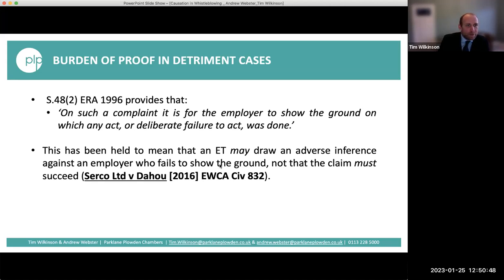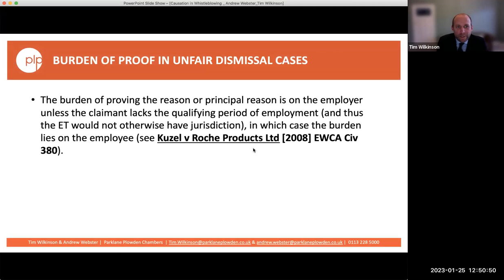So just turning then to unfair dismissal cases, most of you will know the burden of proof in terms of providing the reason or the principal reason is on the employer, unless the claimant doesn't have the qualifying period, as we've set out in that slide. I've referenced Causation there.